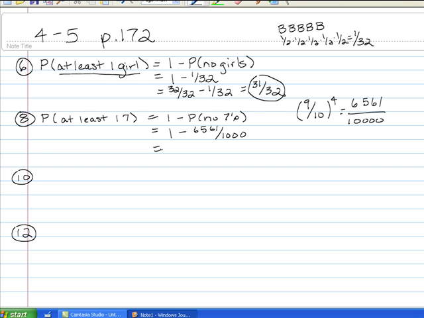Last one I did as a fraction. 1 minus 6561 divided by 10,000. I'm getting 0.3439, so that would be 0.344. So there's our probability, and there's our complement.